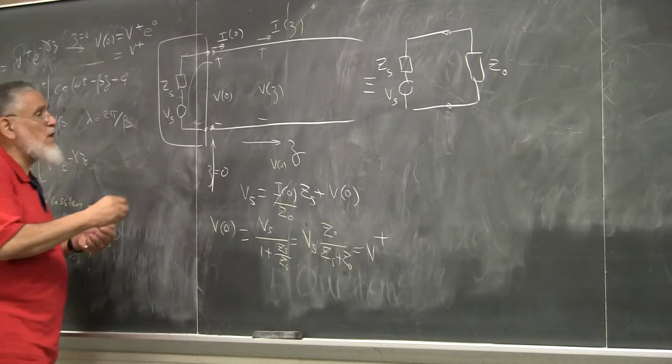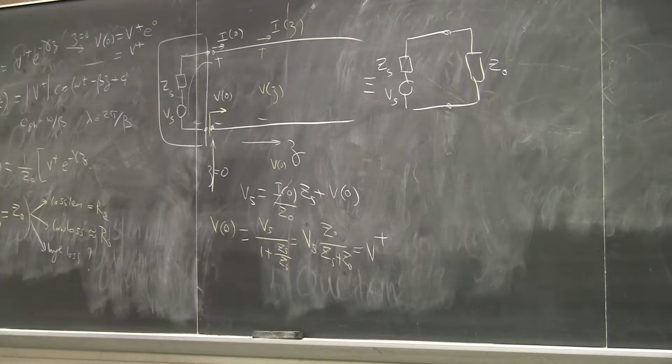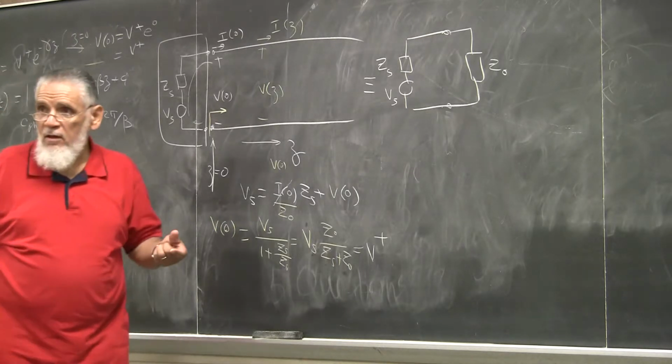We call this one here, if you stand at any point in a network, and take the voltage and current at that location and divide voltage over current, you get what we call the driving point impedance of the network. That's a circuit theory definition.